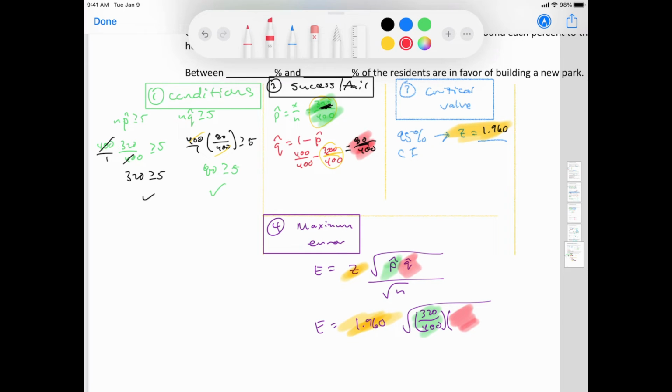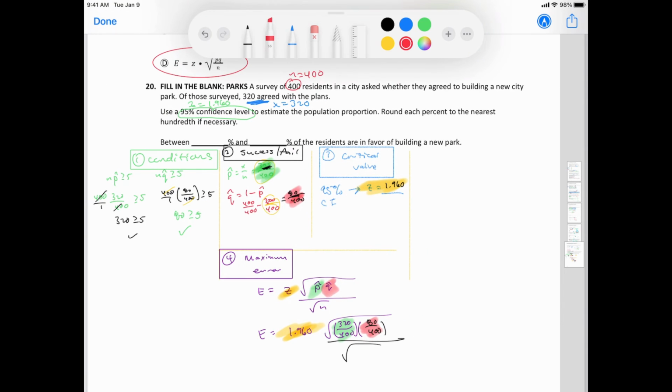That is our q hat, right? And then all that divided by our n value. N value is 400.